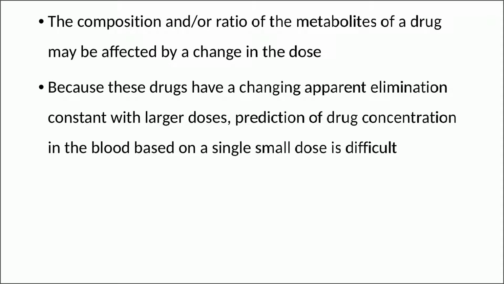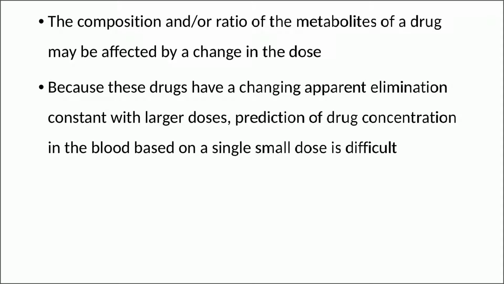The composition and or the ratio of the metabolites of a drug may be affected by a change in the dose. Because these drugs have a changing apparent elimination constant with larger doses, prediction of drug concentration in the blood based on a single small dose is difficult.